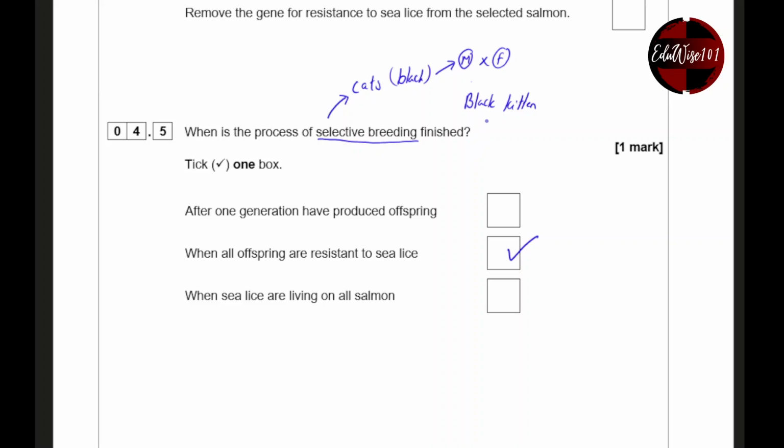So I get a black kitten, a male and a female, and I cross them again, and I repeat it over and over again till all the kittens are purely black cats. That's what selective breeding is.